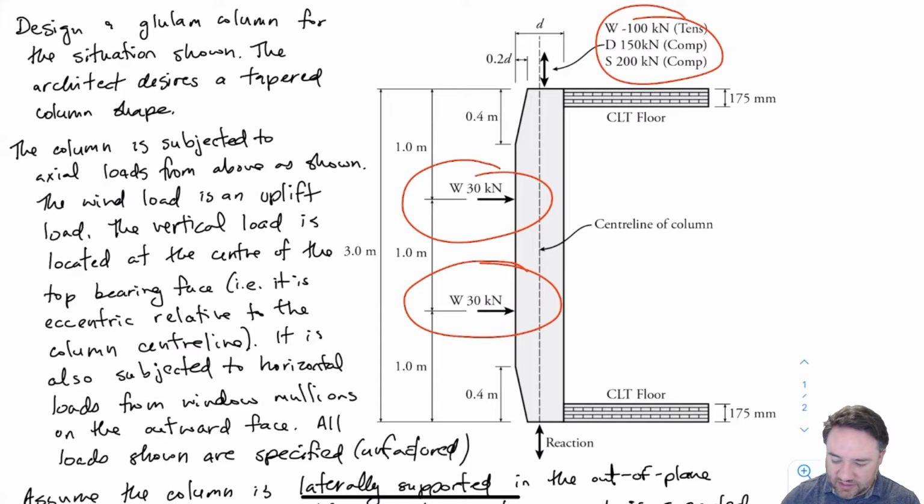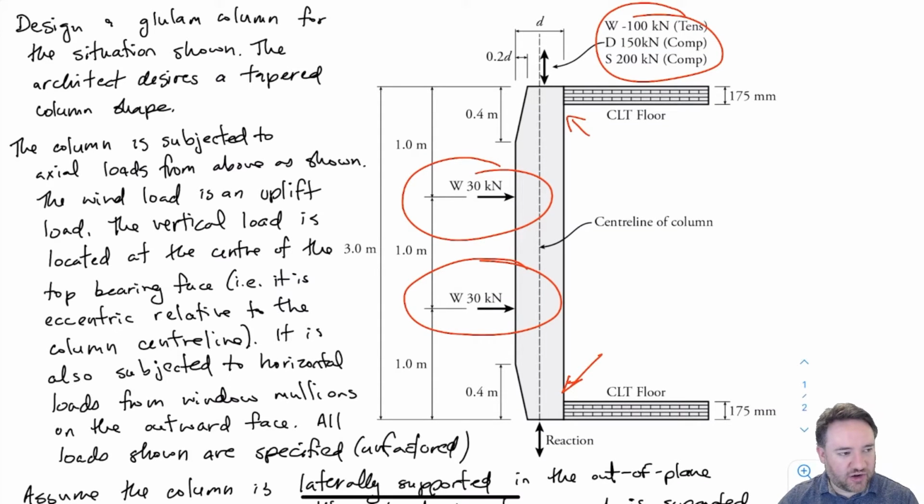I have CLT floors at the bottom and the top, which are restraining the movement laterally and in the out of plane direction, and same at the bottom. And I'm also saying that where these window mullions are, they are preventing out of plane deflection. So it can't move out of plane like this.